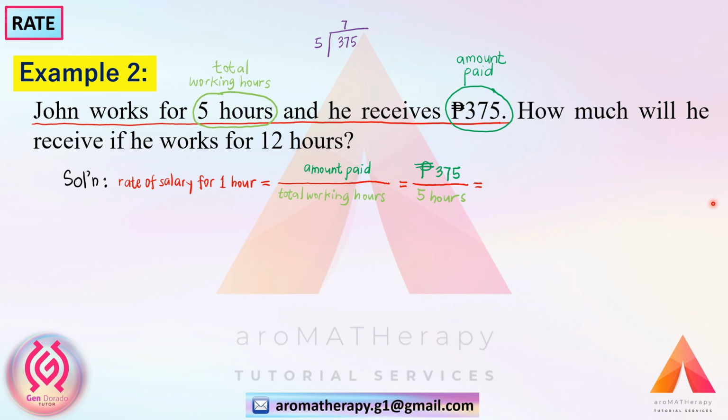So you write 7 times 5, 35. O subtract. 2. Bring down 5. So now you have 25 with remainder 0. So therefore, his rate for 1 hour is 75 pesos.